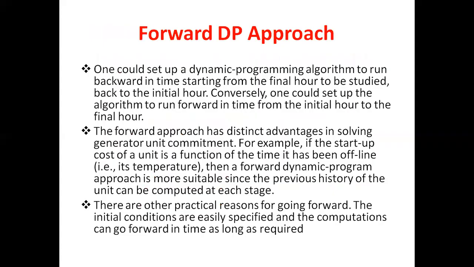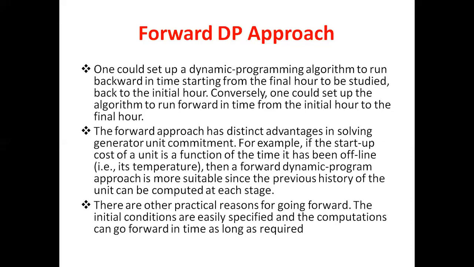So today we will discuss the forward DP approach. We will see that we have three cases. We will discuss one case today. One would set up a dynamic program algorithm to run backward in time, starting from the final hour to be studied back to the initial hour.